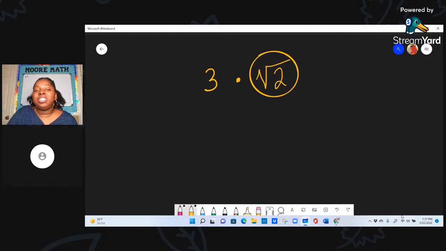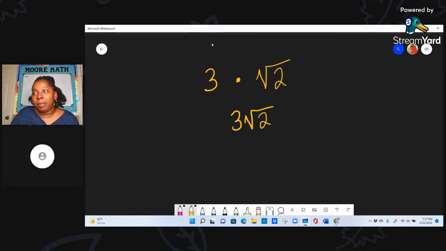Does the 3 have a square root sign around it? No. So I can't combine it, but what I can do is just put them next to each other to show that we're multiplying. So 3 is side by side with the square root of 2. Does that make sense? Yes, ma'am. And that would be the final answer. It seems weird, but that actually is the final answer.